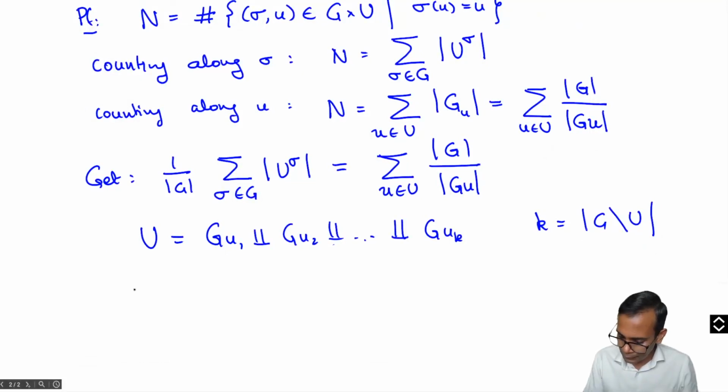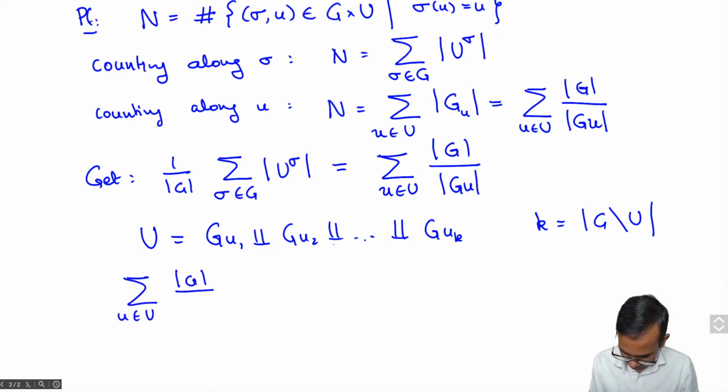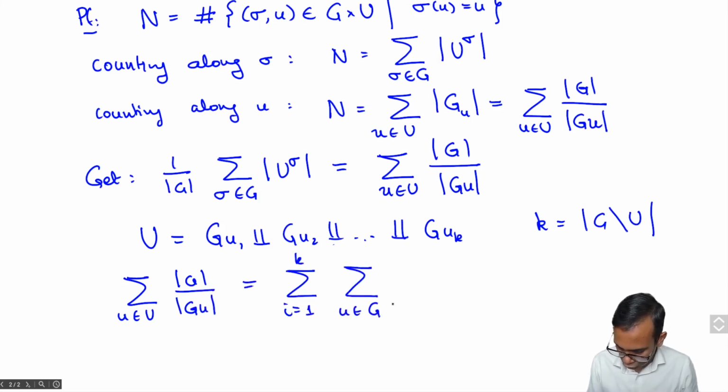Then this sum here is the sum I goes from 1 to K, sum U belongs to GUI, cardinality of G divided by cardinality of GU.